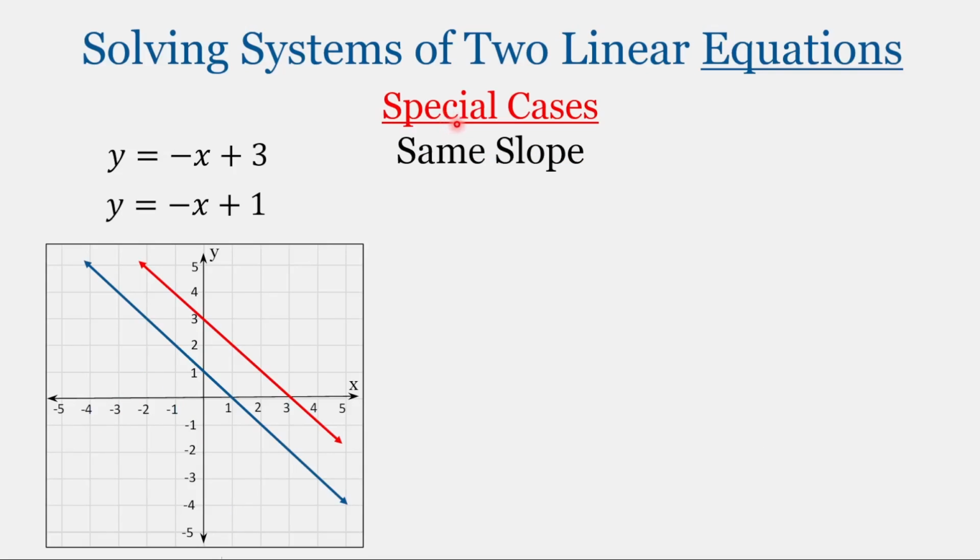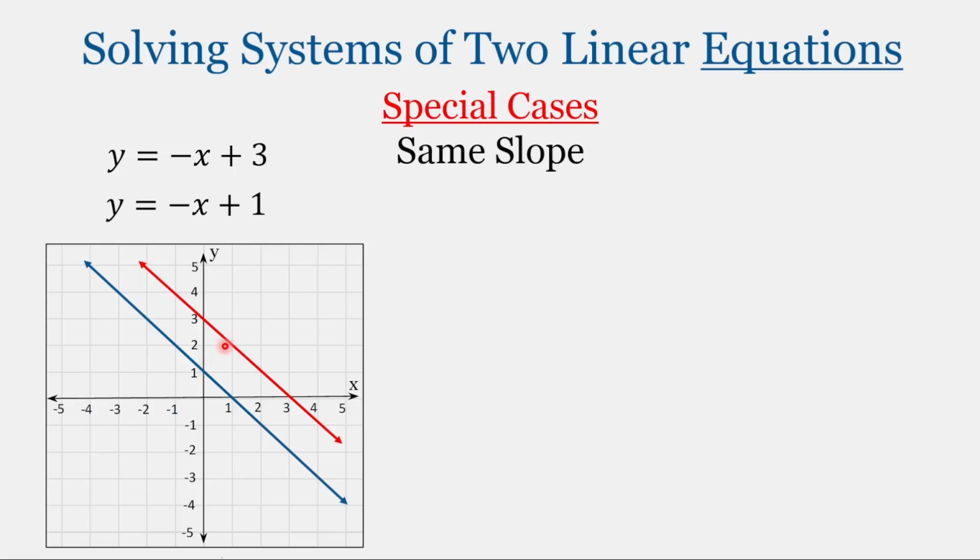Now let's look at special cases when we're talking about two linear equations. So here we're only looking at equations. And with special cases, they're going to have the same slope. You're going to have one of two situations. If you have the same slope, so in this case, we have a slope of -1, but a different y-intercept, you have different lines.